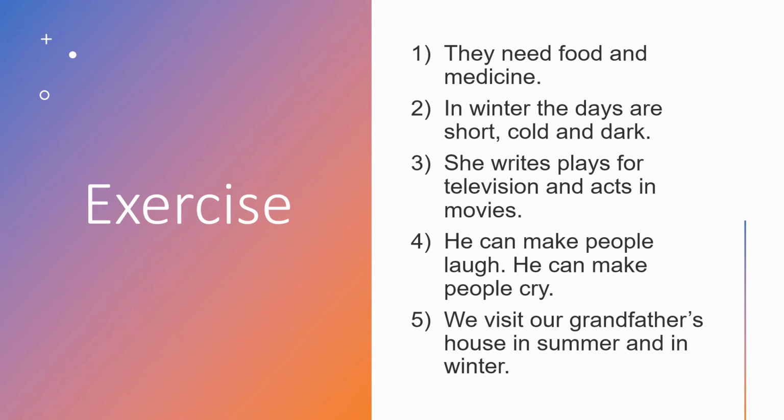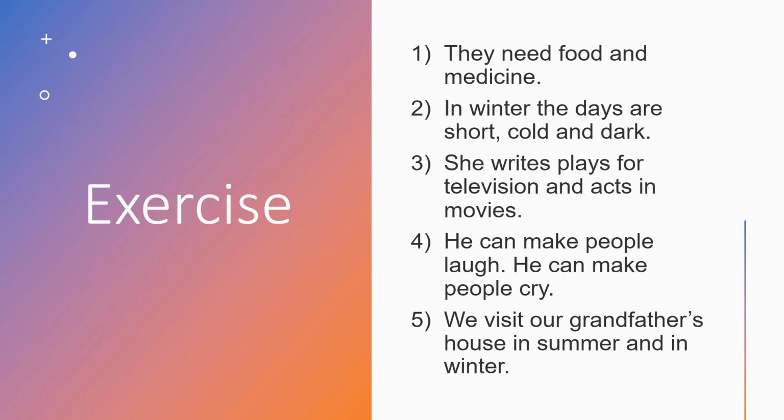Third, she writes plays for television and acts in movies. The answer will be she not only writes plays for television but also acts in movies, because this sentence talks about verbs or action. Fourth, he can make people laugh.